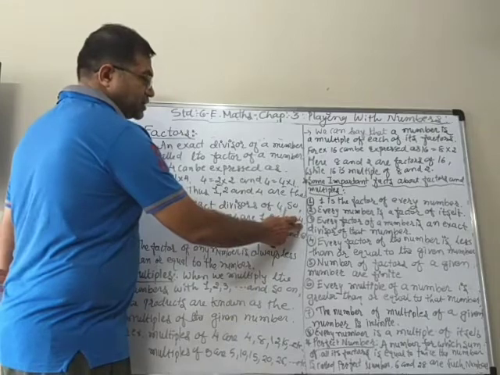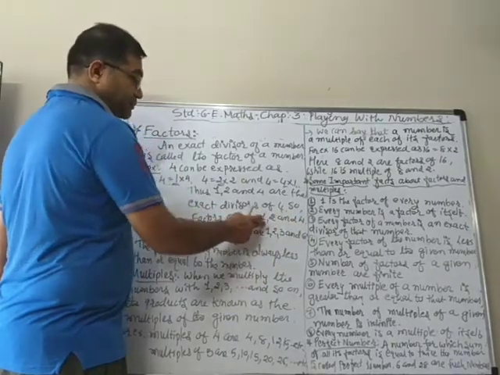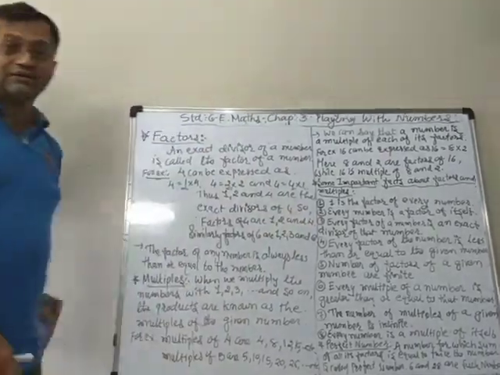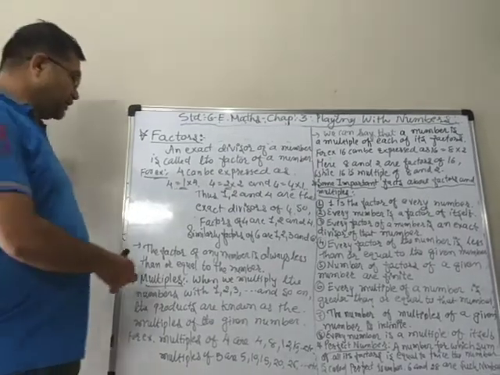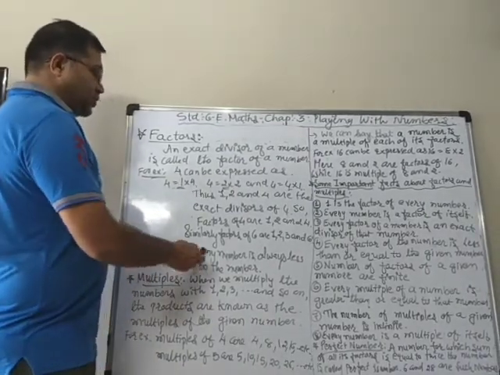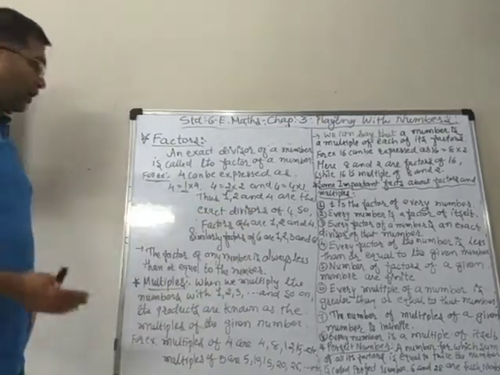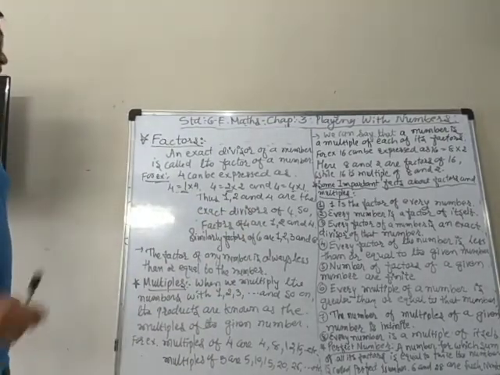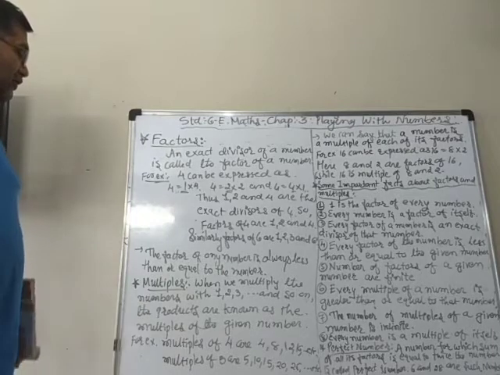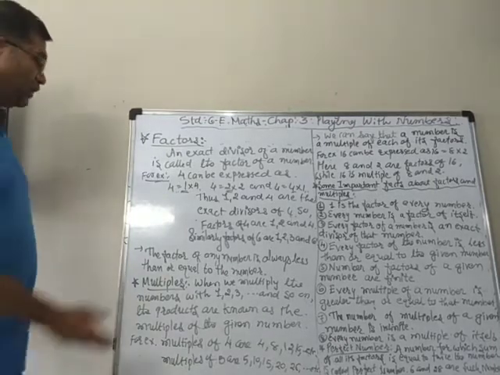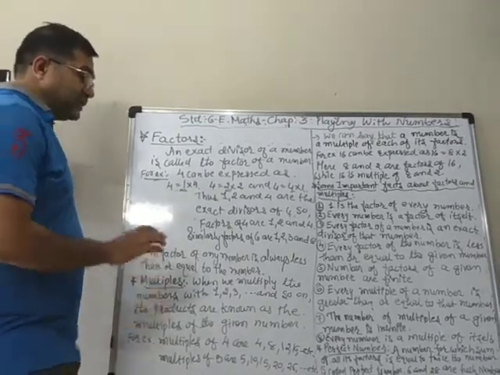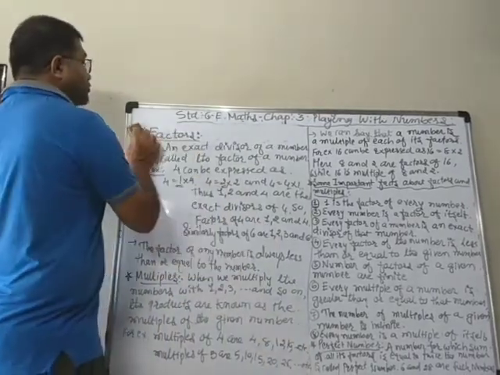So either it is equal to 4 or they are less than 4. It cannot be more than that number. And therefore we can say that the factor of any number is always less than or equal to the given number.